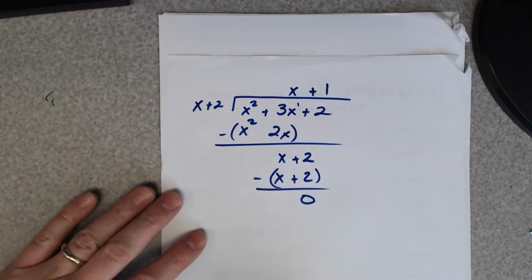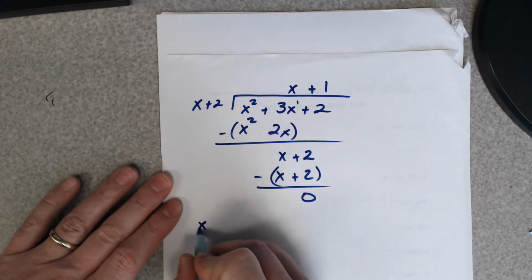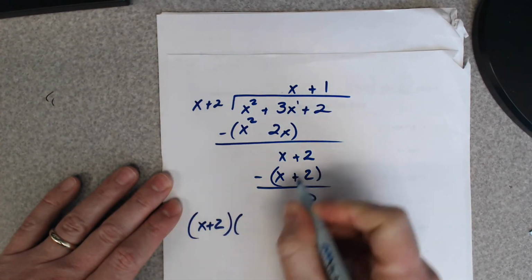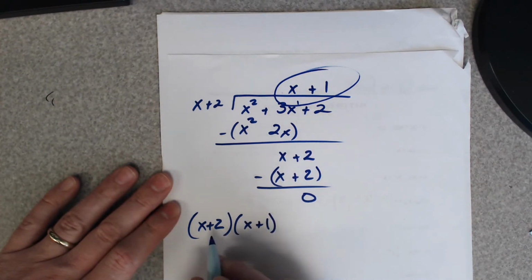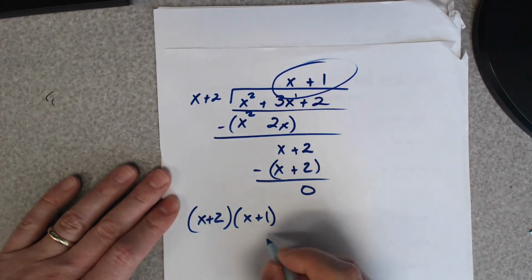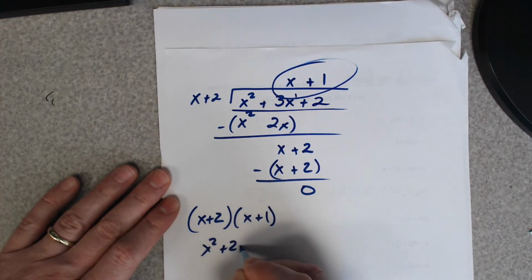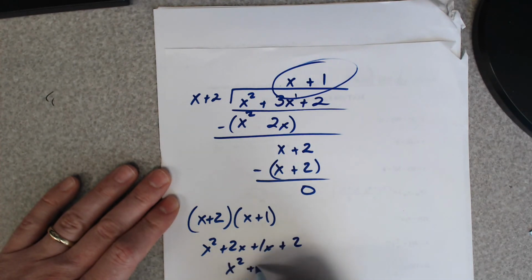No remainder. x plus 2 times x plus 1. So this is your answer, right? But I can double check. x plus 2 times x plus 1 equals x squared plus 2x plus 1x plus 2, which is x squared plus 3x plus 2.